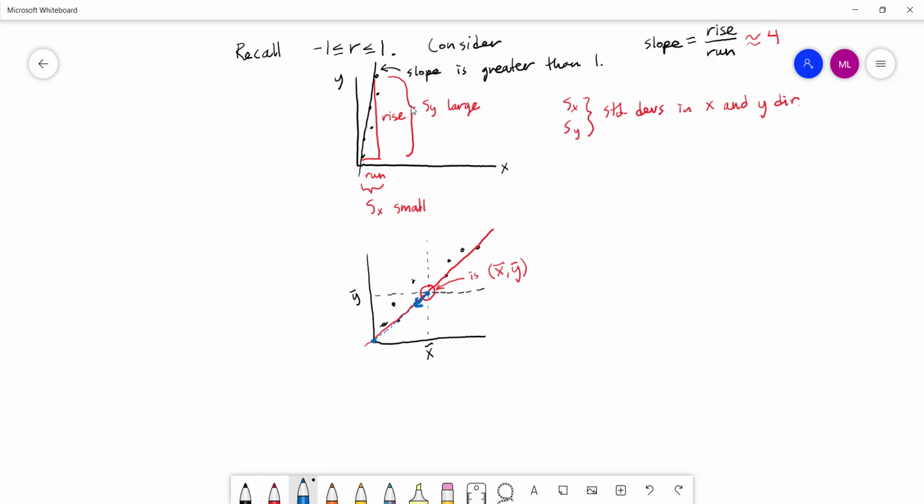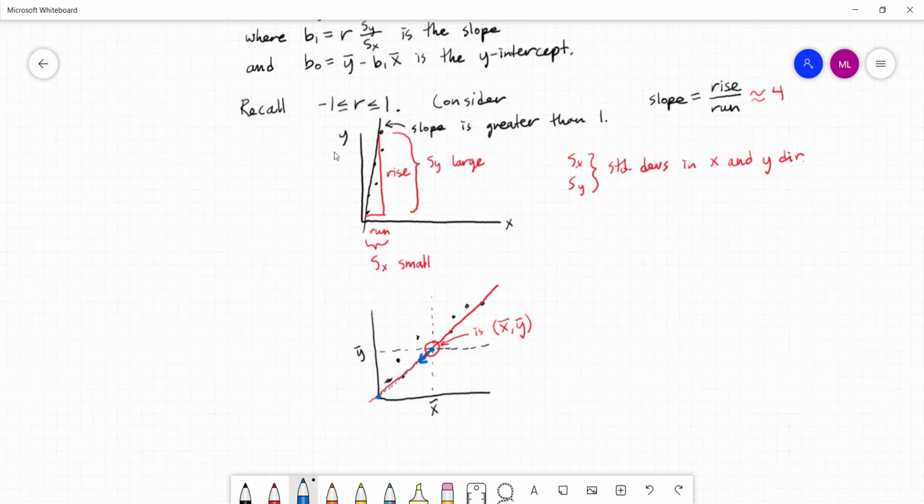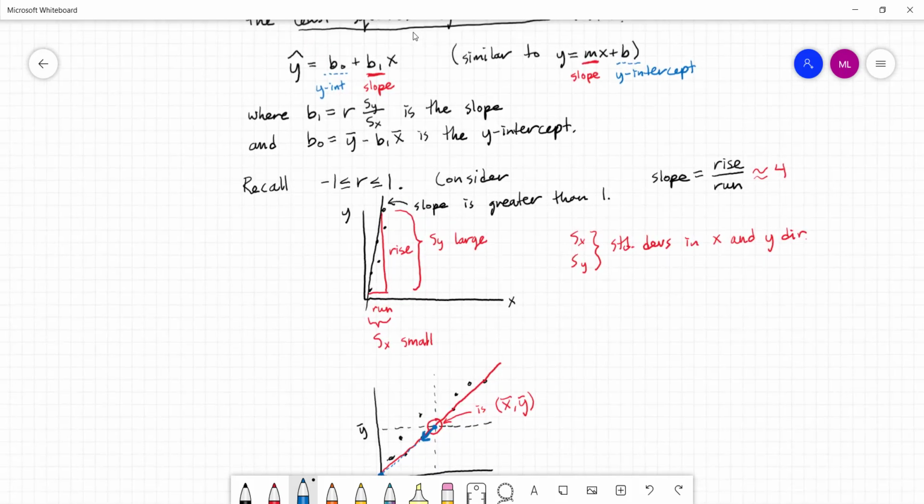Let's just trace that back and see where that winds up hitting the y-axis, and that should be our y-intercept. So that is the idea of how the second piece works. So that is where B0 comes from. So I guess I can just leave that there. But that's the idea. So this is the formula.